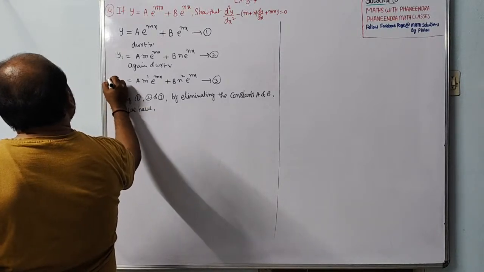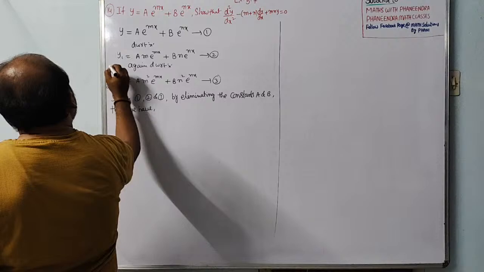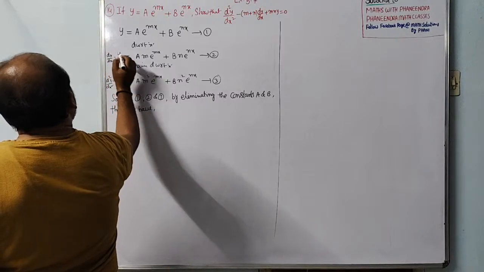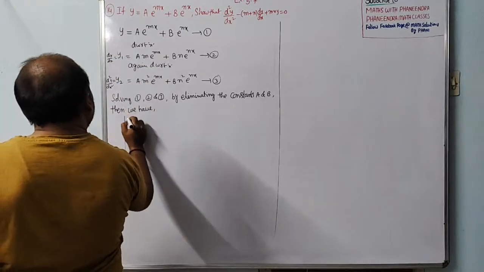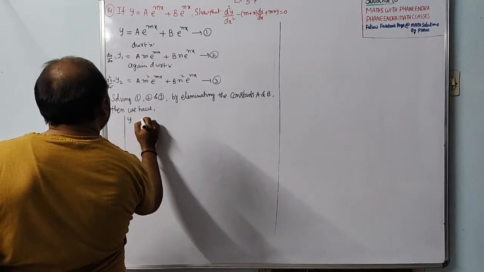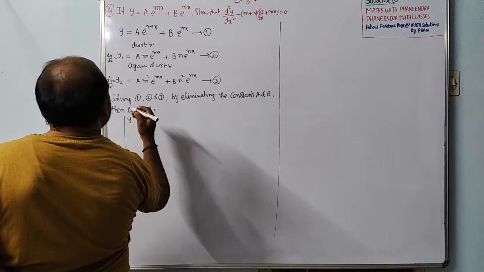Y2 means what, dear students? d square y by dx square only, no? Y1 means dy by dx, okay? So determinant is equal to, here y, these values bring inside means, otherwise keep it like this only.